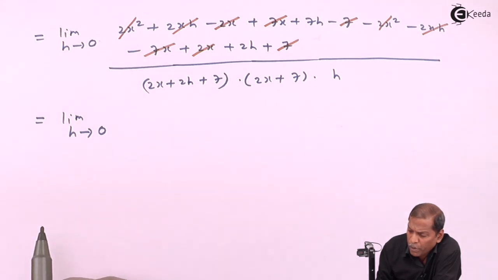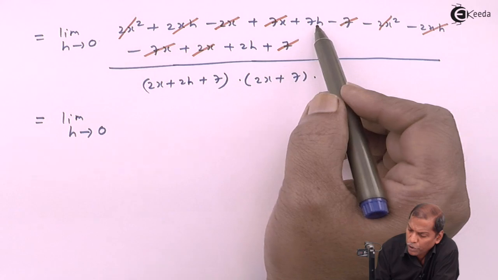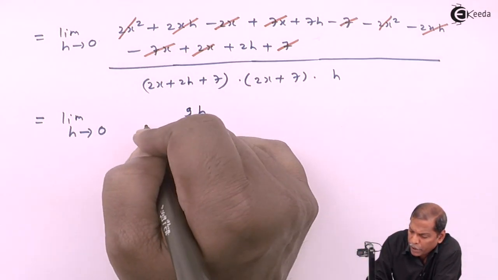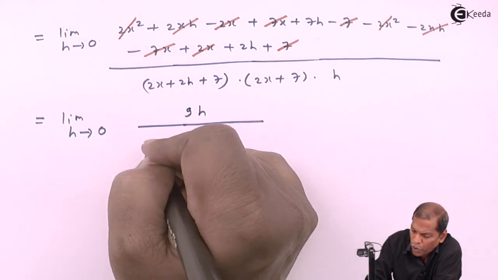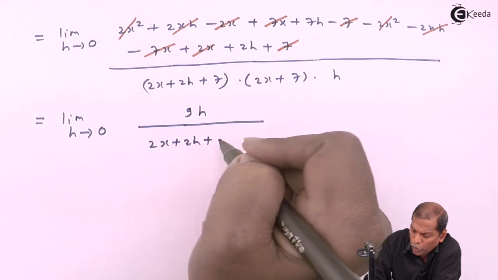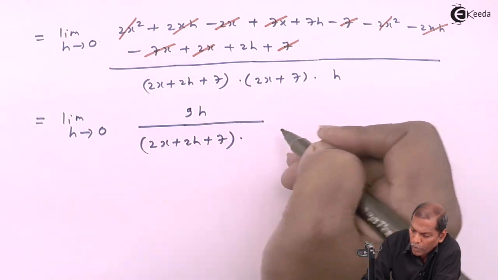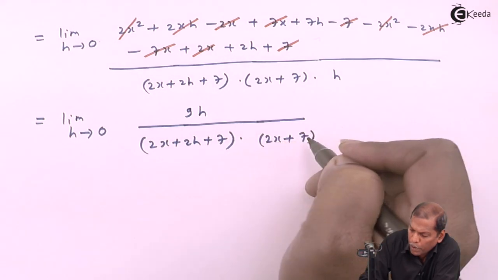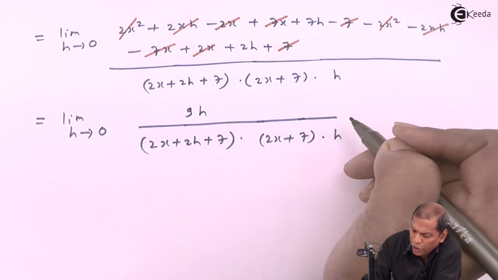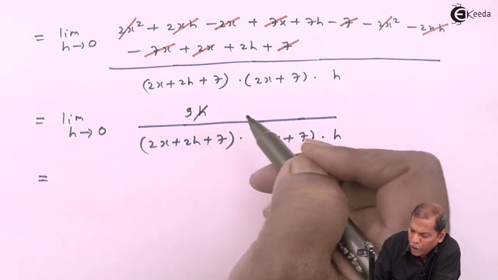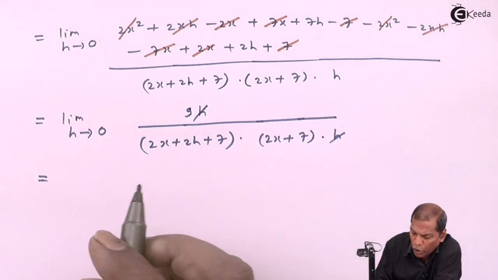So we are left with the limit h tends to 0, here 7h plus 2h, that is a total of 9h in the numerator upon (2x + 2h + 7)(2x + 7)h. So that equals, now here we cancel h from the numerator and denominator.